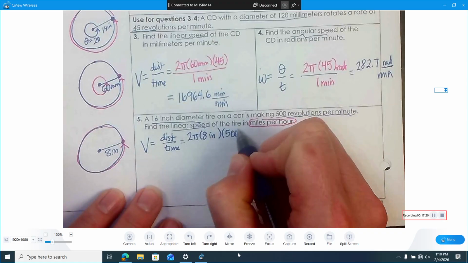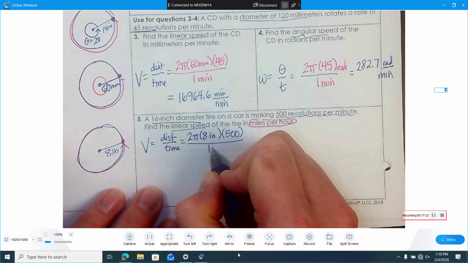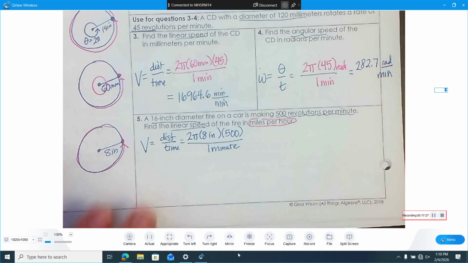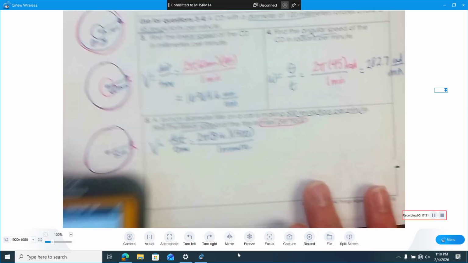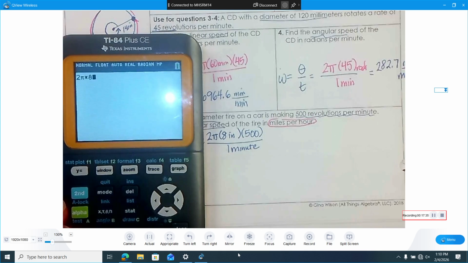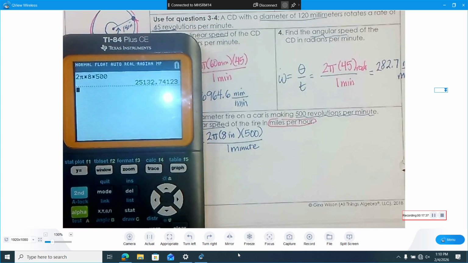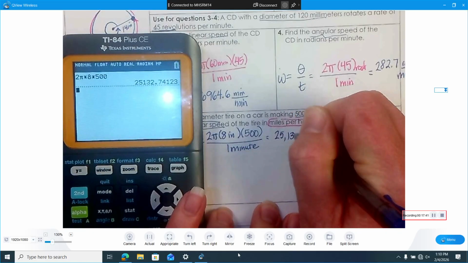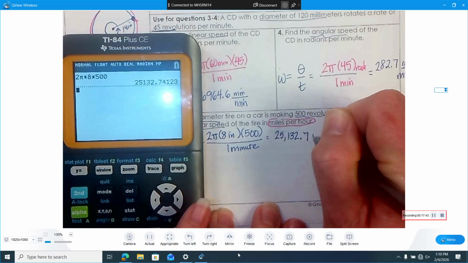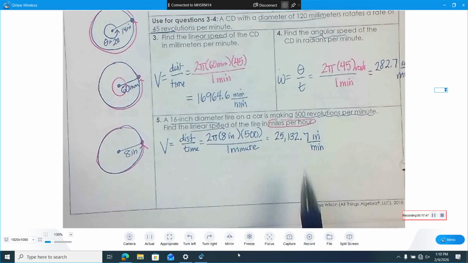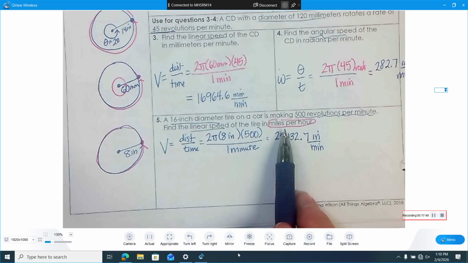So 500 rotations per 1 minute. I want to make sure I have units so I can convert nicely here. So 2 times pi times 8 times 500, and I get 25,132.7 inches per minute. But I need miles per hour.